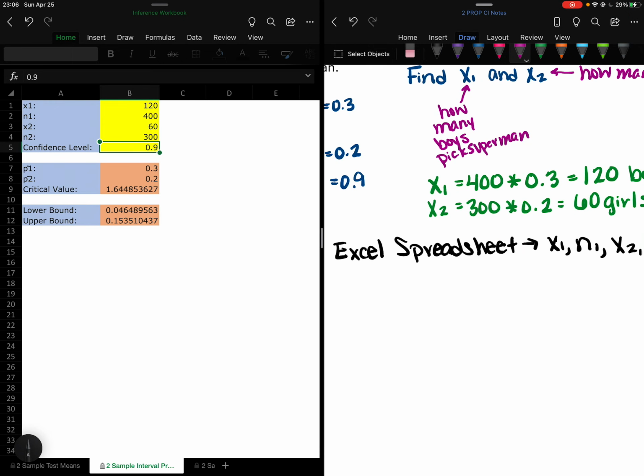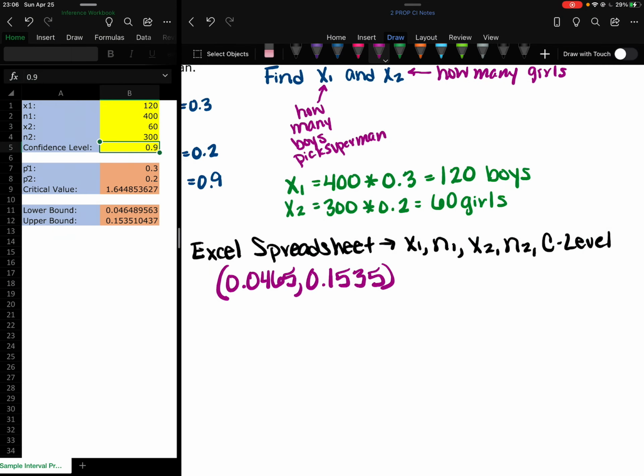Then we have our upper and lower bounds. 0.0465, that's our lower bound, and 0.1535, that's our upper bound. Another way to write the upper and lower bounds is to just put them in a set of parentheses.